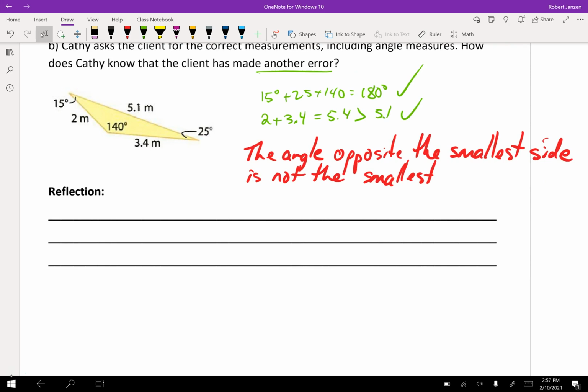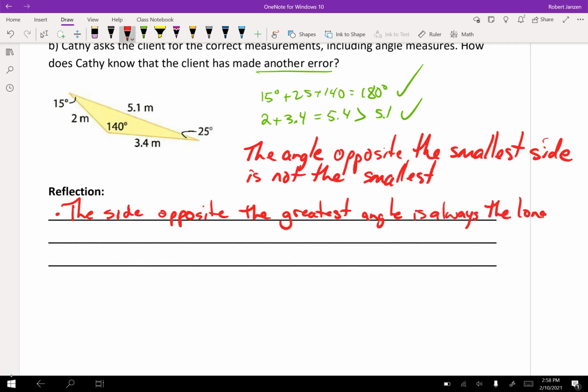Okay, so a couple of reflections. All right, let's put a few things down here. The side opposite the greatest angle is always the longest. Okay.